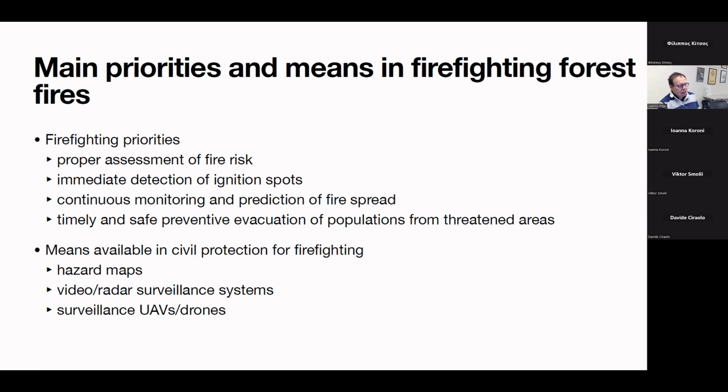So all these are main priorities, and we have various means to implement them today.